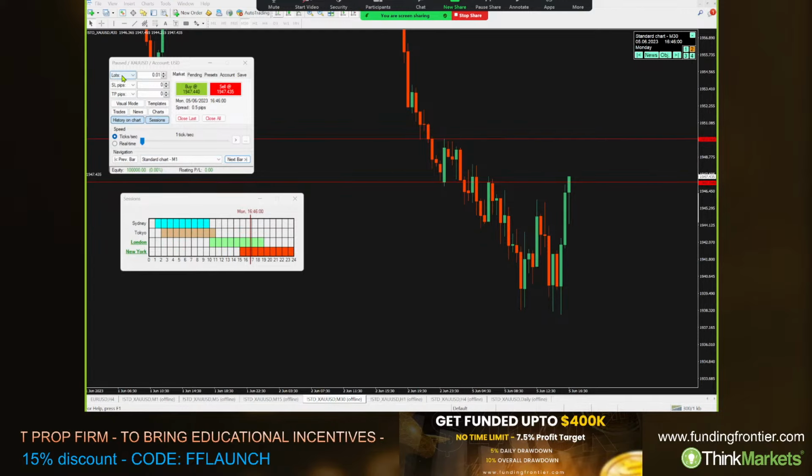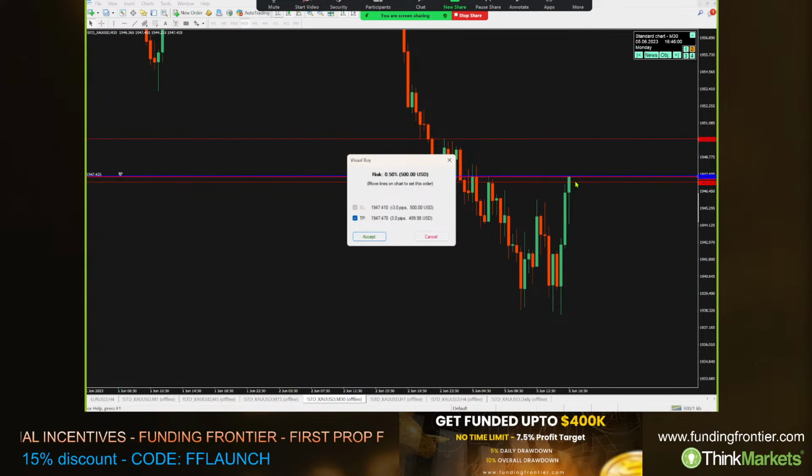So I'll be risking right here 0.5% on my 100K challenge. That means I'm willing to lose $500 on this trade. So I'm going to get into a buy trade right here with my stop loss at the trend candle low.